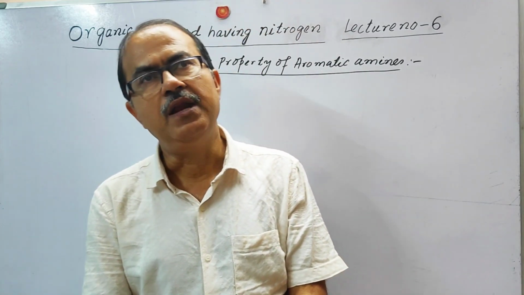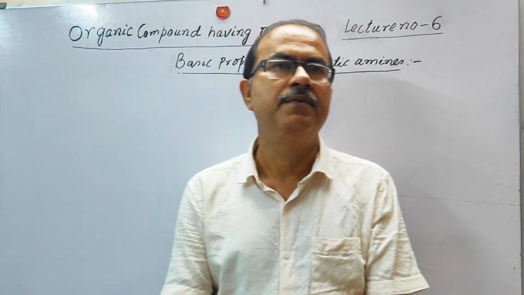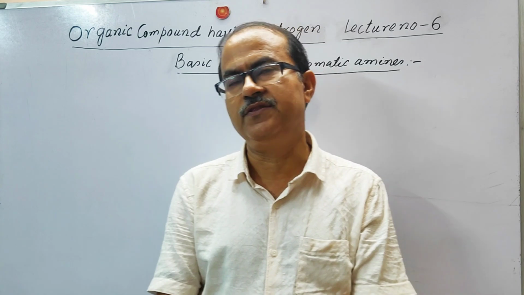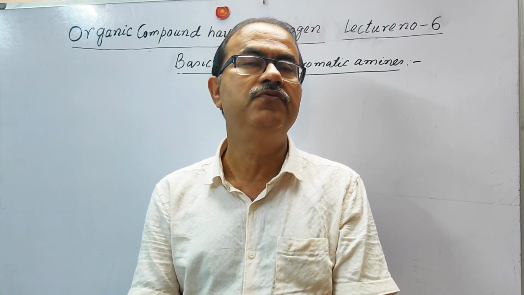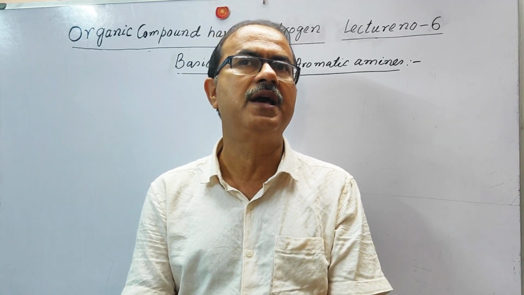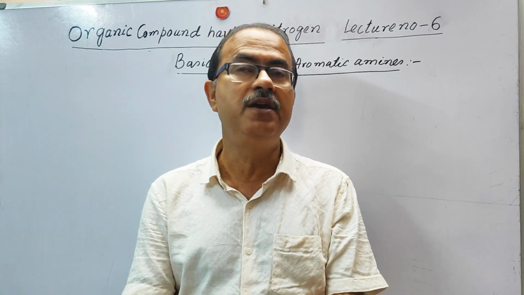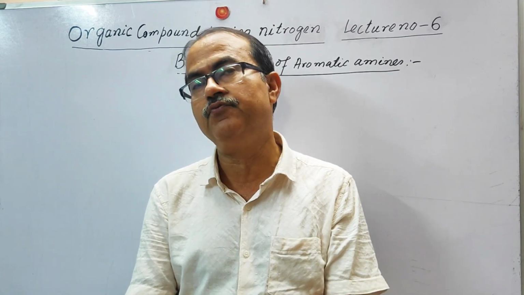We know the aromatic amine has the lowest basic strength. As for example, if we take the pKb value of aniline, it is around 9.35, as against the aliphatic amines, whose pKb value is less than 4.